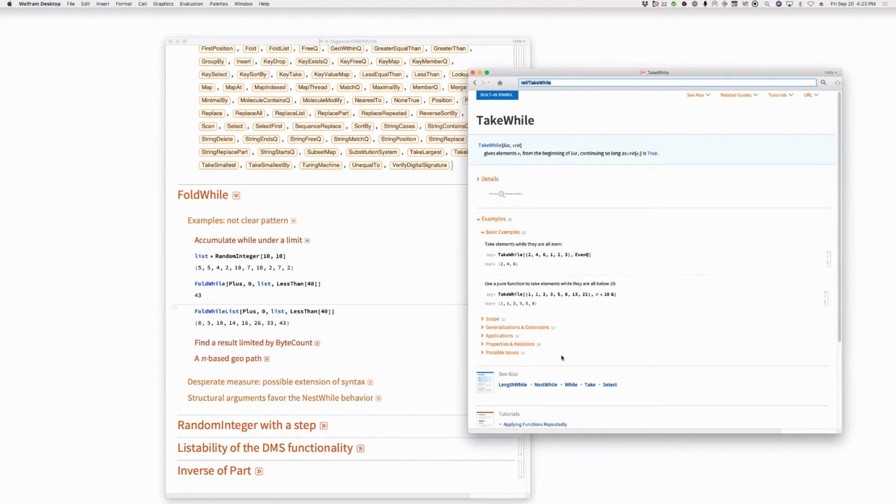Okay, and what does NestWhile do? It returns the first failure. Because otherwise, if the first thing failed, then it's got to return an empty bag type thing. Right. That's the third point, the third subsection there.